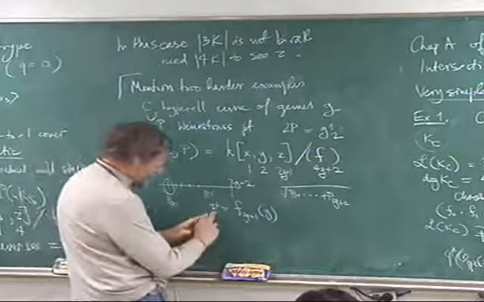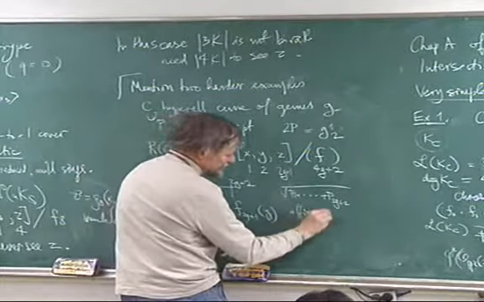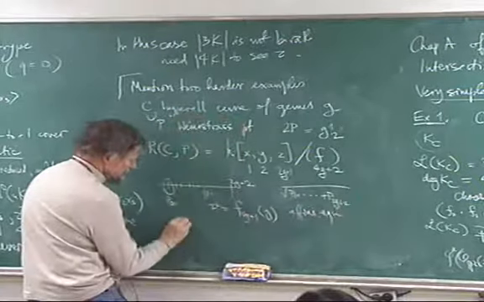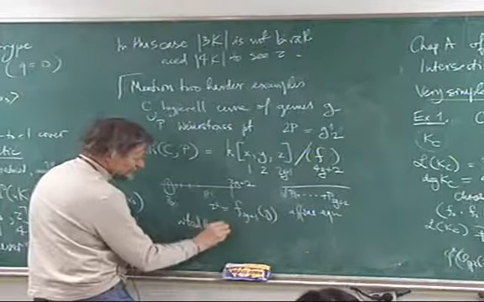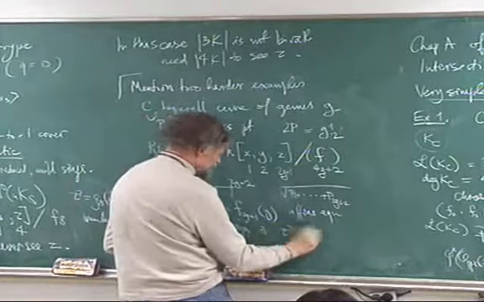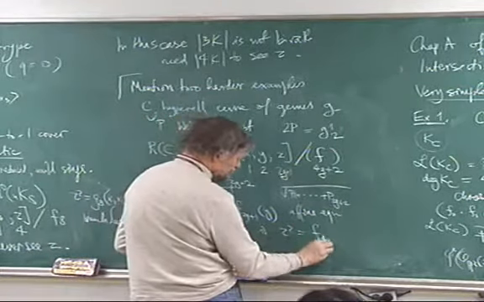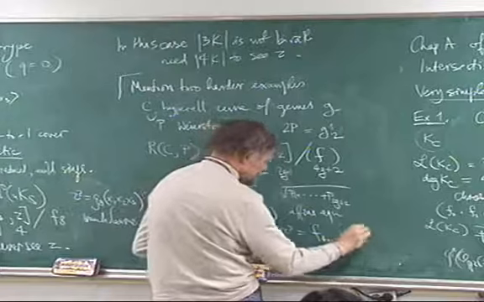So the equation I've written here is an affine equation. And the weighted homogeneous equation is z squared equals f_{4g+2} of y and x.